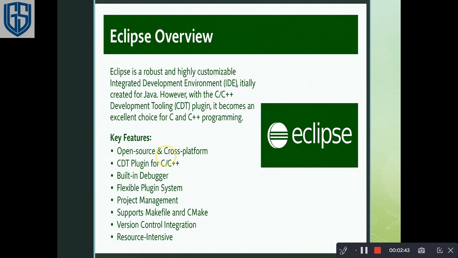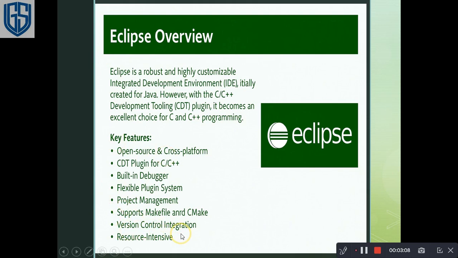It supports makefile and CMake. CMake will create makefiles from the project's code and project files, and then make will use the makefile and create the output file. We also have version control integration.